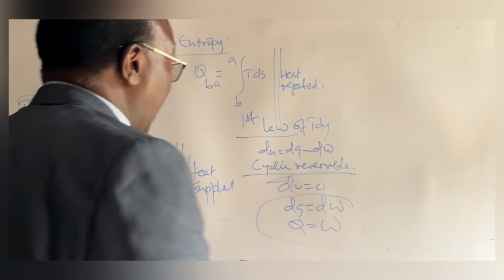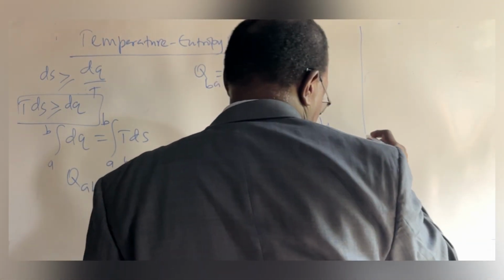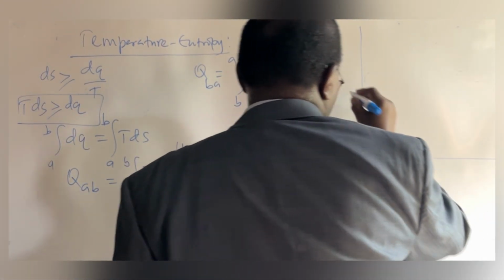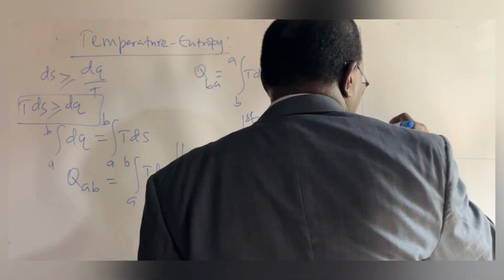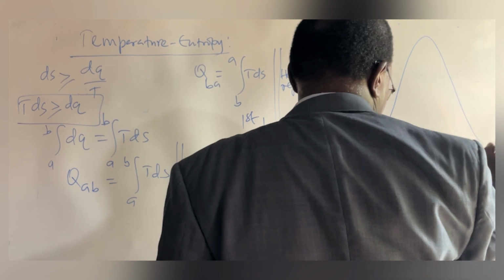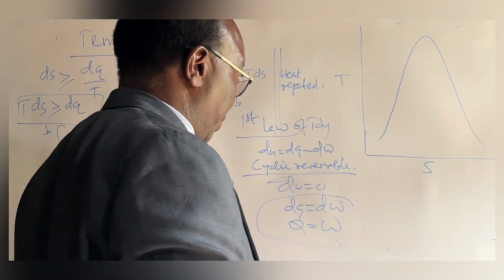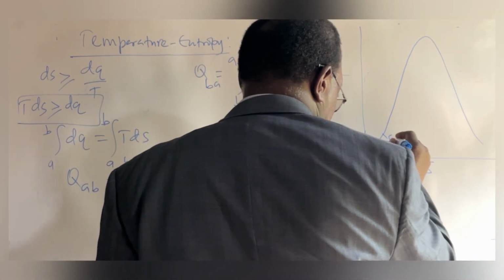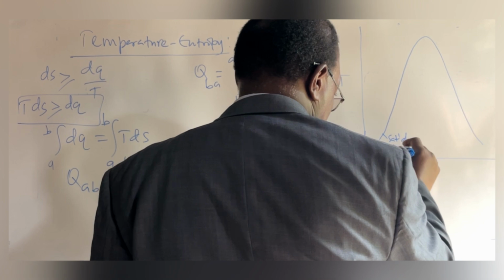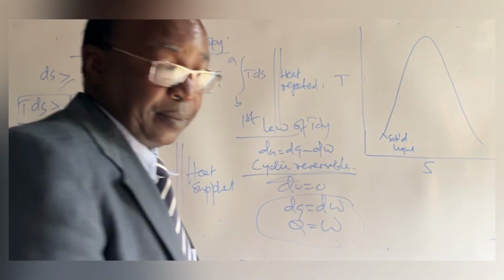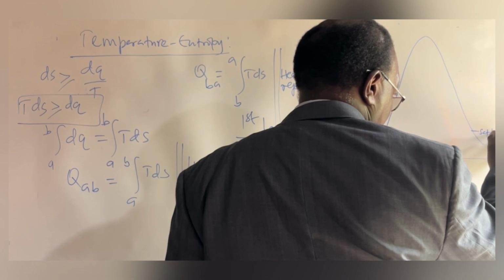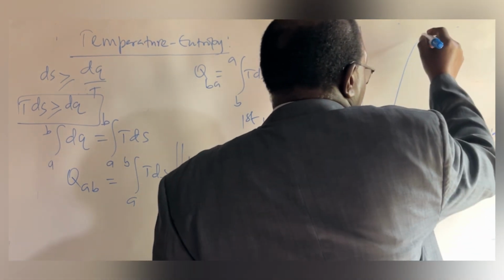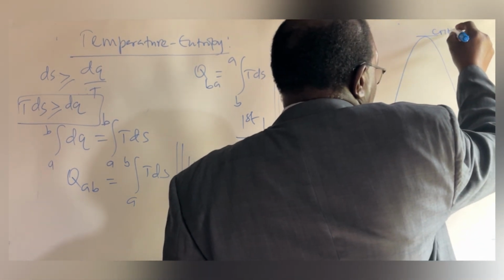Now, if we go to the temperature entropy diagram, we have the saturation curves forming the dome shape. So that's the saturated liquid, and that is the saturated vapor. And that's the critical state.